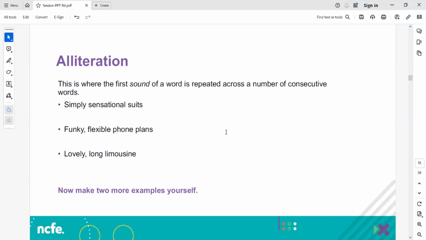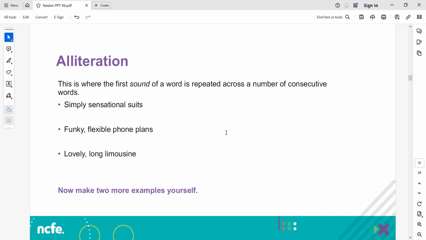Some examples: simply sensational suits, funky, flexible phone plans. You can see in that example, it's the F sound, not the actual spelling. So alliteration is about the sound rather than how it looks on the page. Funky, flexible phone plans. Lovely, long limousine.